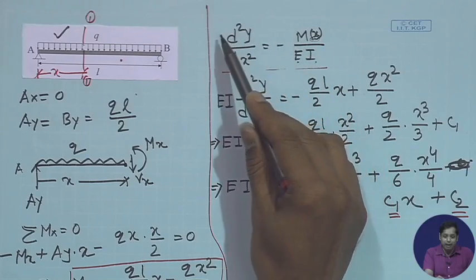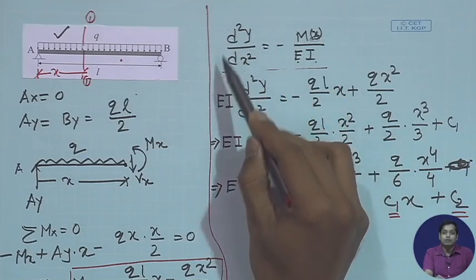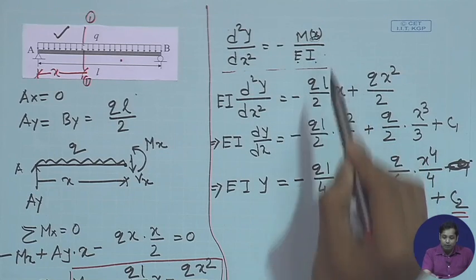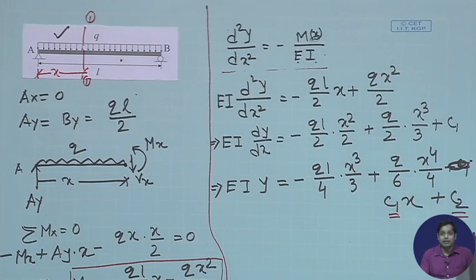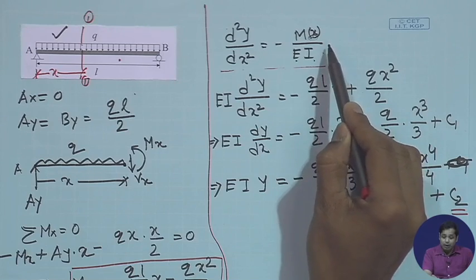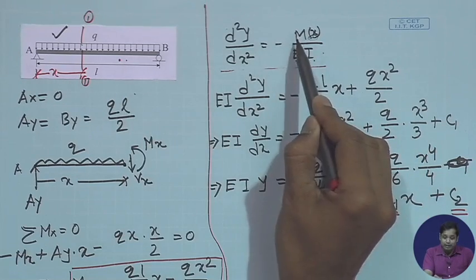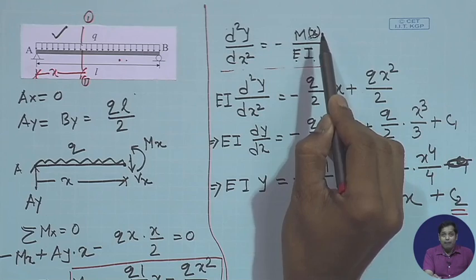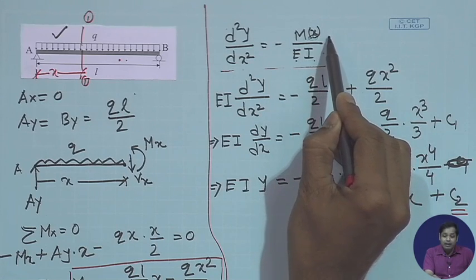For instance, this equation is true for any transversely loaded beam. It is a very general equation. But for this particular problem, in order to get a unique solution, we need to give some constraint.